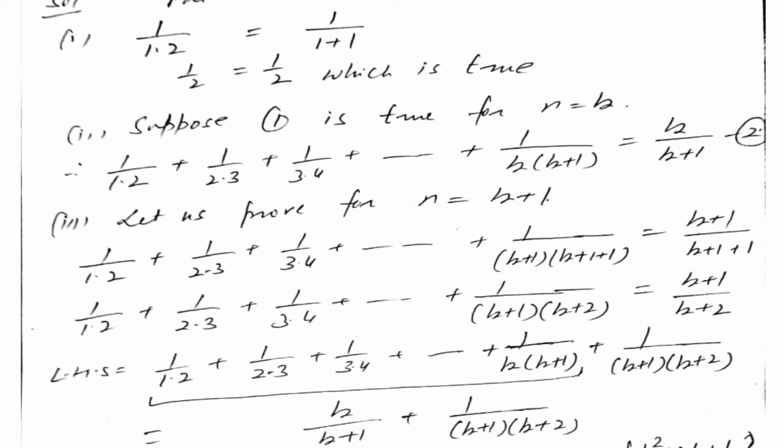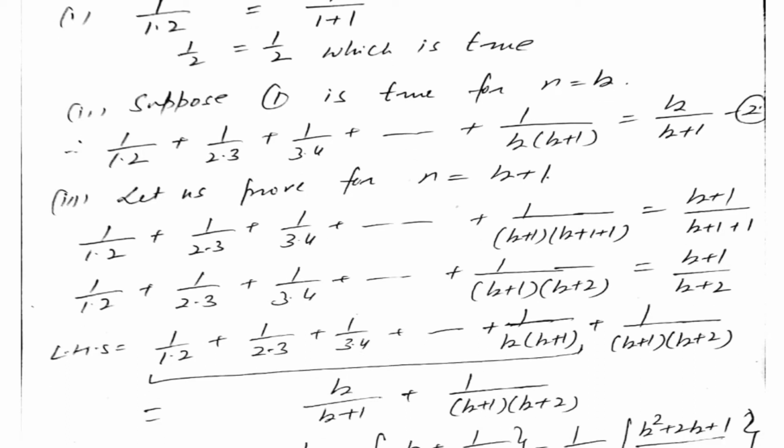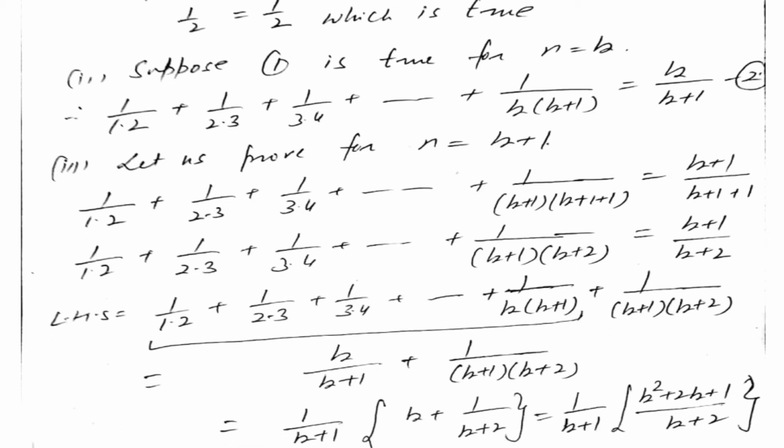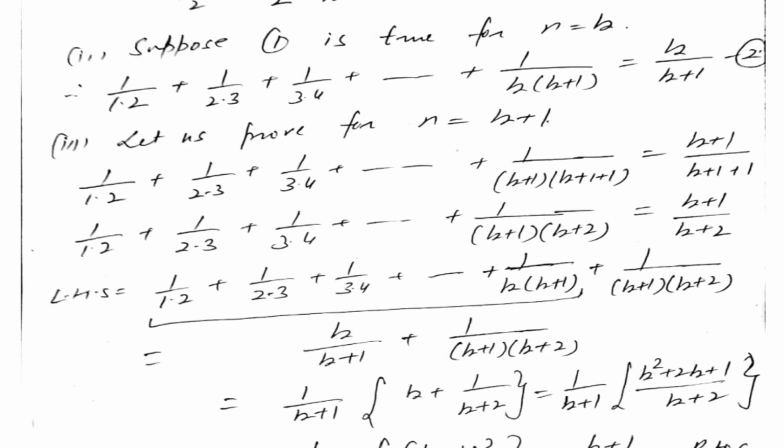Again, using the second, the sum up to this is equal to k upon k plus 1. Putting this value, k upon k plus 1 plus 1 upon k plus 1 into k plus 2. Now again 1 upon k plus 1 is common. We are left with k here plus 1 upon k plus 2. Again simplifying, taking LCM, it is k square plus 2k plus 1, which is k plus 1 whole square.